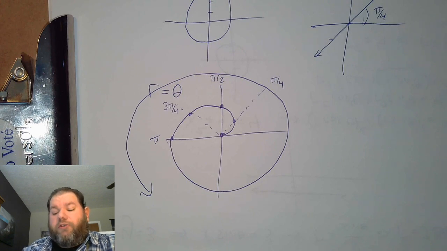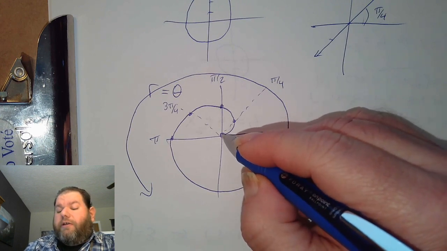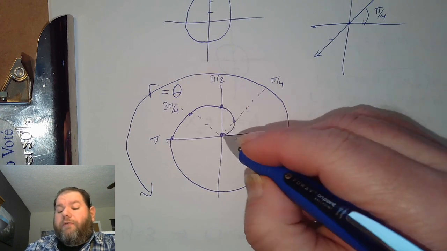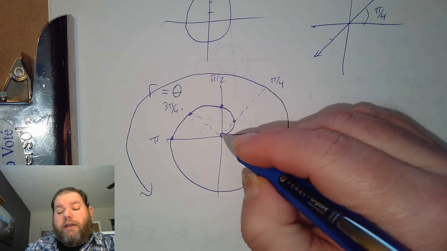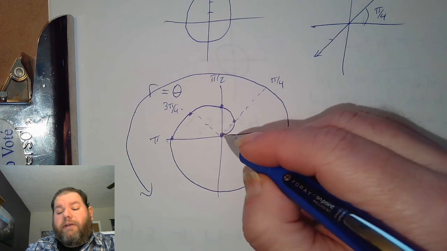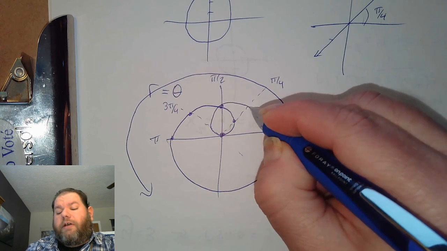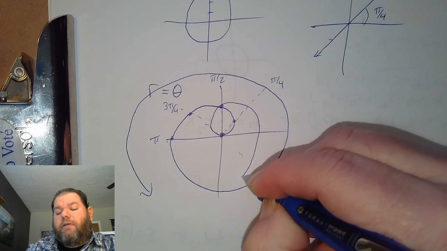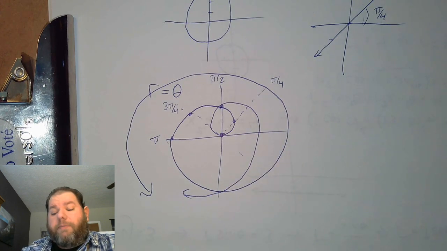And that actually works both ways, because this is going forward, but if we go to a negative angle, then we're a negative distance away, so we're on the opposite side. We end up drawing this curve on the opposite side, and it keeps spiraling out in the opposite direction as well.